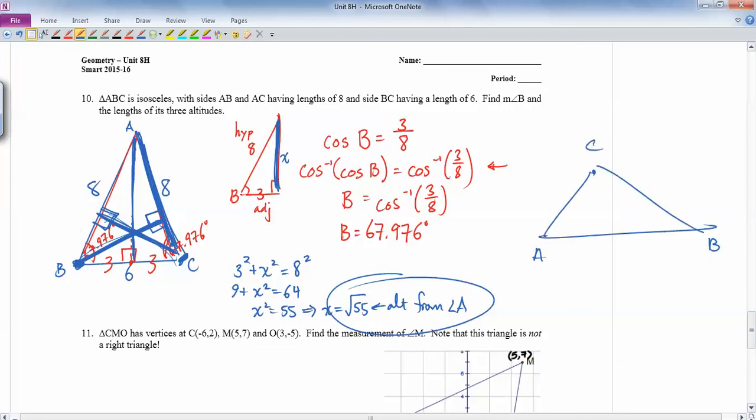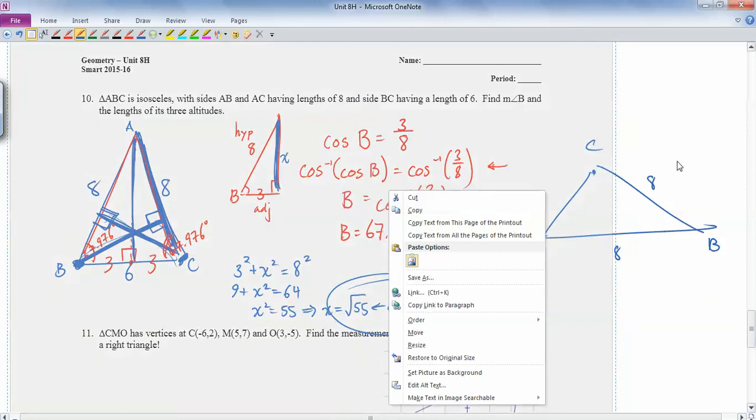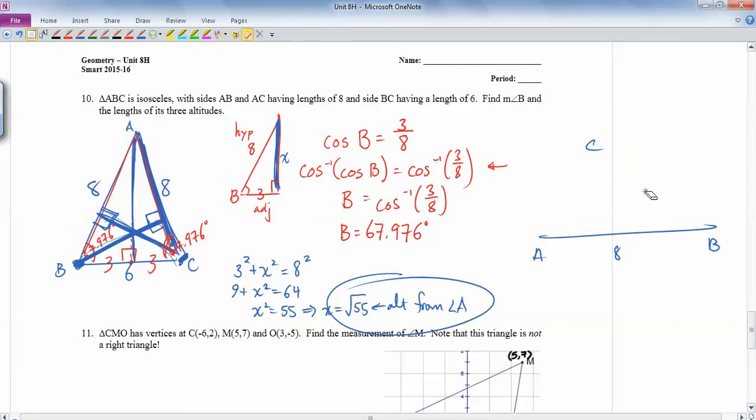So there's C. So this is 8, this is 8, this is 6. Oh, no, wait, did I mess this up? Yeah, I messed this up, sorry. Here's C. This is 6, this is 8. And if we find the altitude right here, that's the altitude from C. That's the same as the altitude from B, based on this original picture over here.